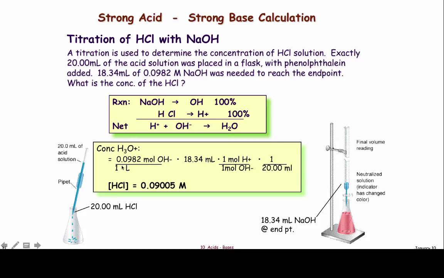We can easily see that if we know that the sodium hydroxide is 0.0982 moles per liter, that's what molarity is, and we use 18.34 milliliters of that, then we can calculate the concentration, because the moles of the hydroxide is equal to the moles of the acid, and if we divide by the volume of that acid that we titrated, we have the concentration of that acid.